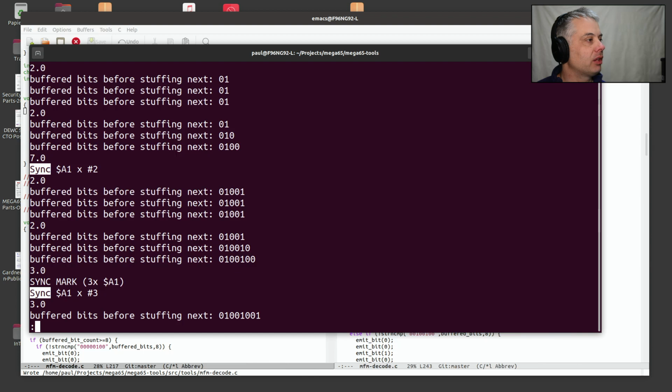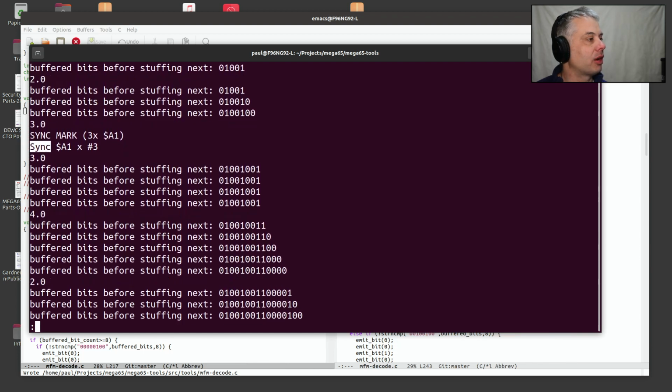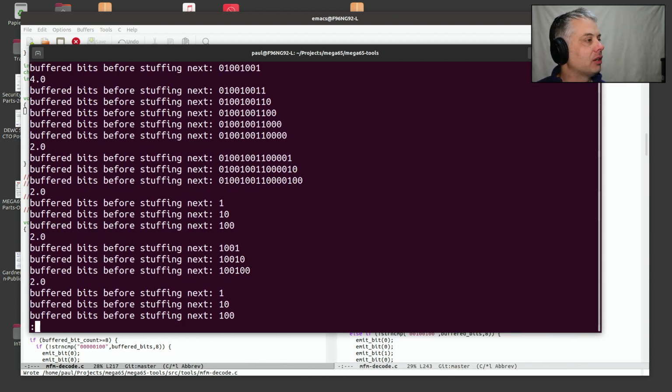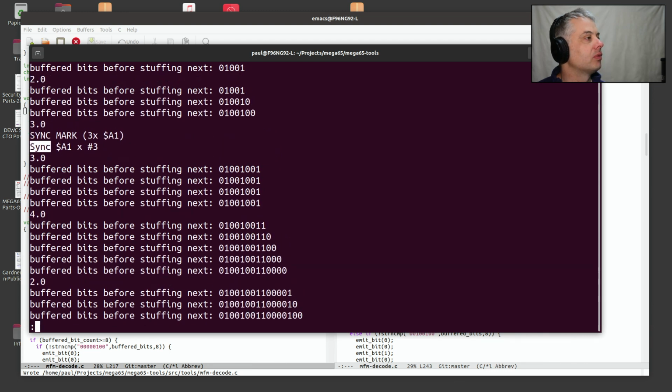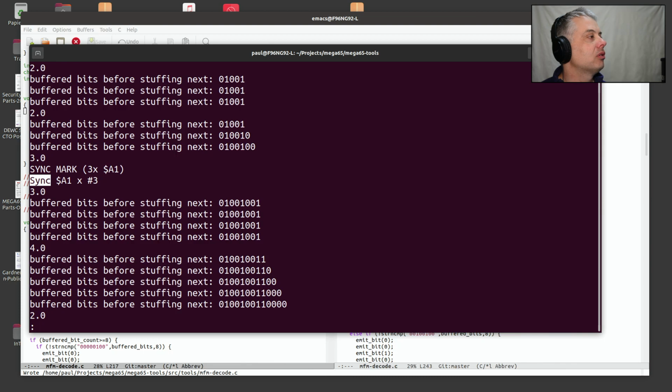So we're finding sync marks, and as we're finding the sync marks, we're still accumulating rubbish onto the end. When in fact we need to flush the bit buffer when this happens.